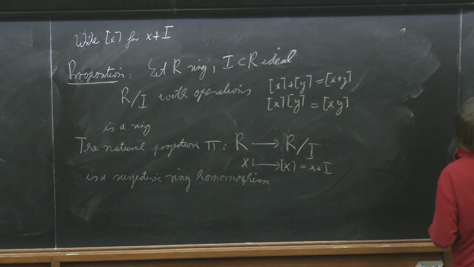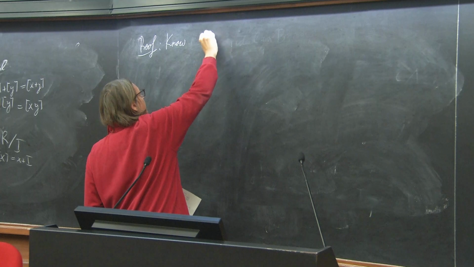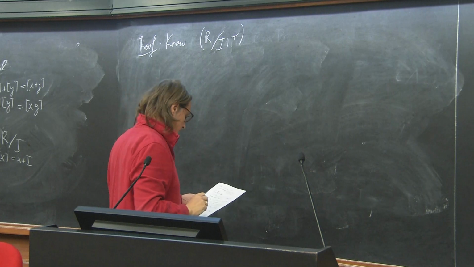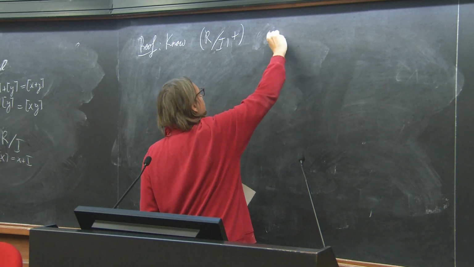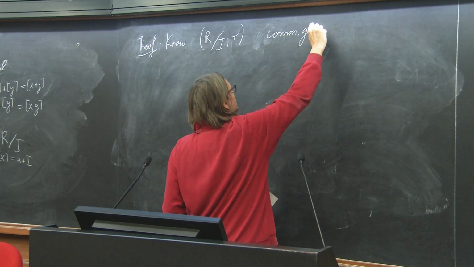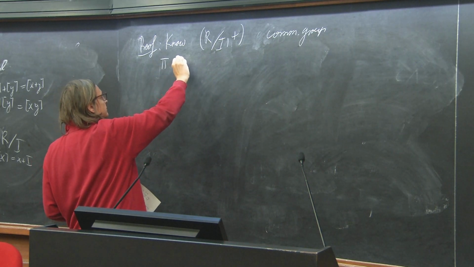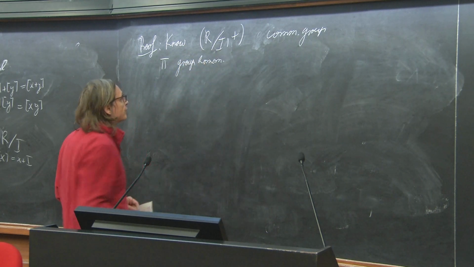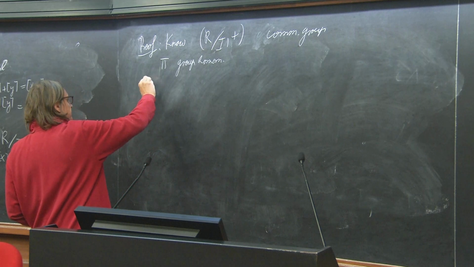So we know that R mod I is a group, and pi is a group homomorphism for the addition. So we have to show that the product is well defined.